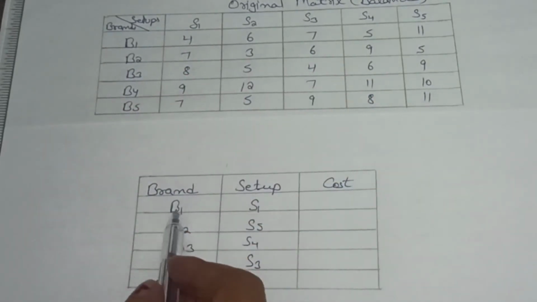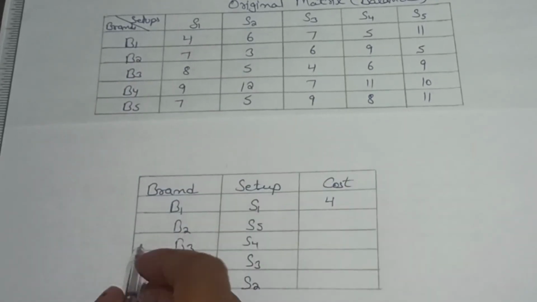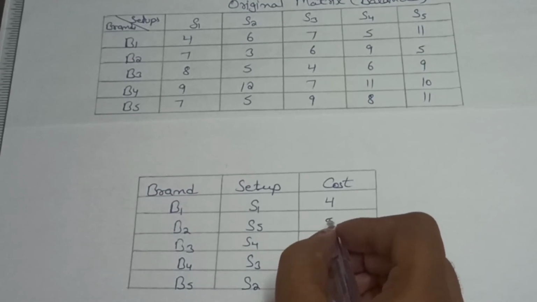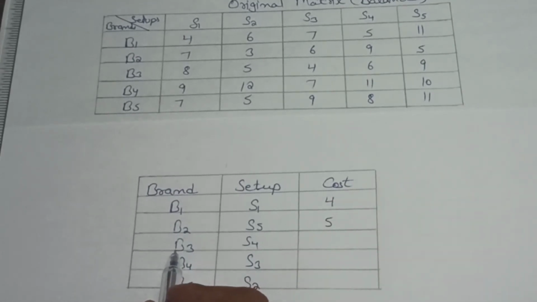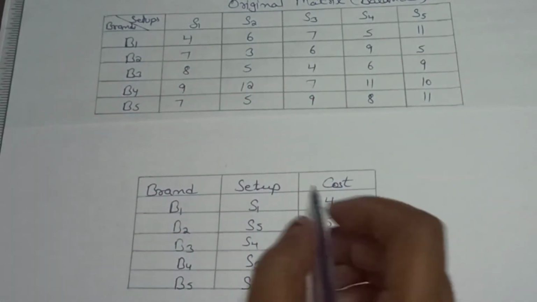So here you can see in the original matrix, B1 and S1 cost is 4. For B2 and S5 cost is 5. For B3 and S4 cost is 6.